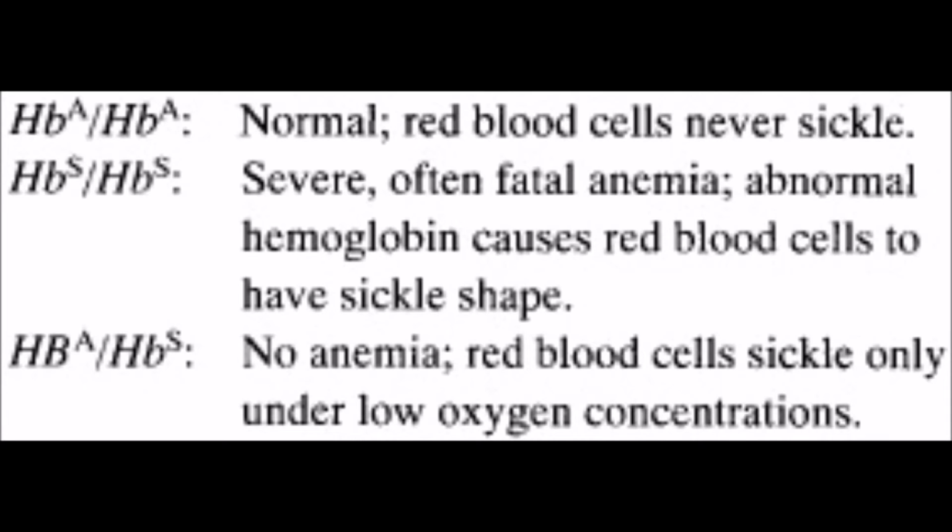When the hemoglobin alleles are both A, then the red blood cells are completely normal and can never sickle. When both alleles S and A are expressed for blood cell shape, we have incomplete dominance. When S and S are expressed, disease is fully expressed with severe anemia and red blood cells have a sickle shape. The extreme case of this type of inheritance can cause death.